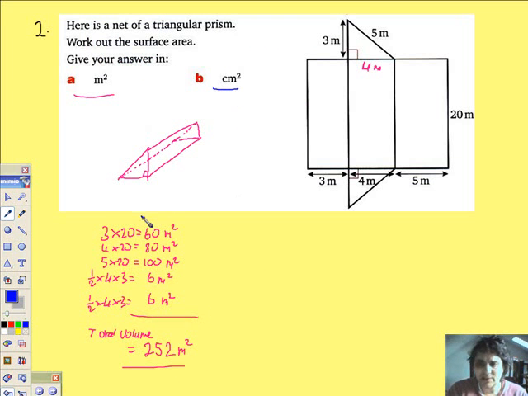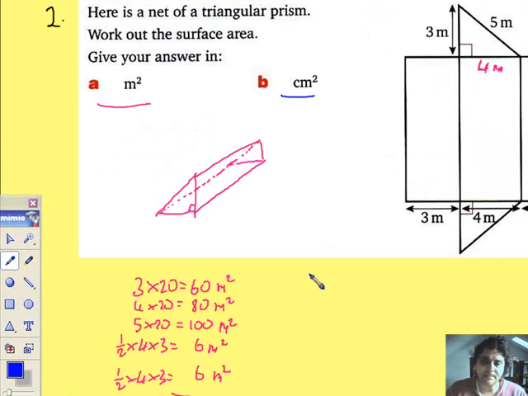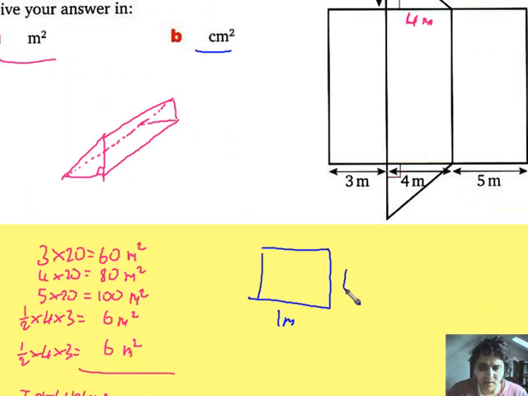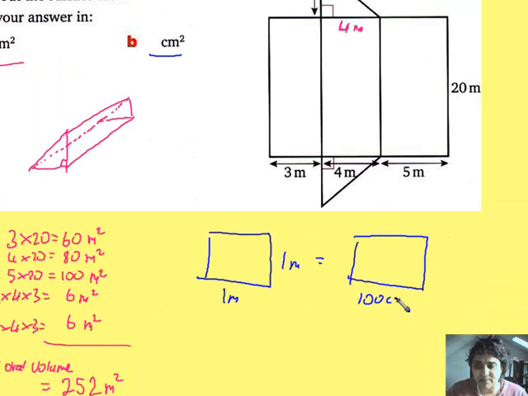Let's change to centimetres squared. Now look, let's calm down, this is quite difficult. Let's just do it anyway. Surface area. Oh, it is easy. If you remember that a metre square is essentially 1 metre by 1 metre, that's the same as 100 centimetres by 100 centimetres, because 100 centimetres is 1 metre. 100 by 100 is 10,000 centimetres squared.